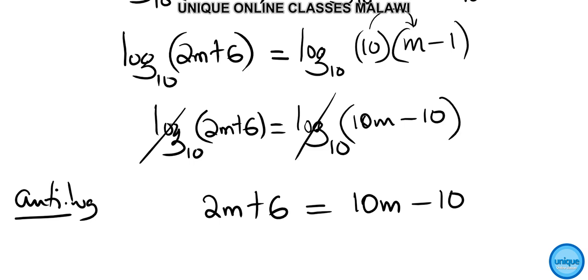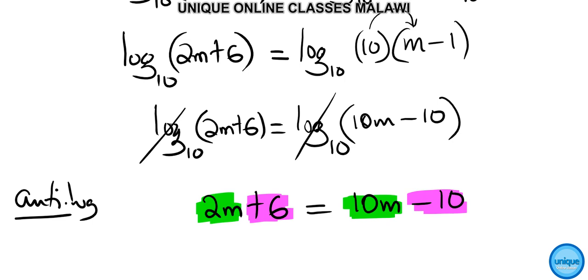So the next step is to combine like terms together. As you can see here, we have 2m and 10m, and also 6 which is positive and 10 which is negative, all whole numbers, so we can combine them.